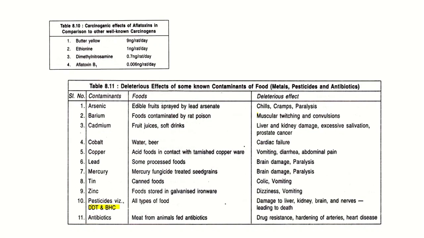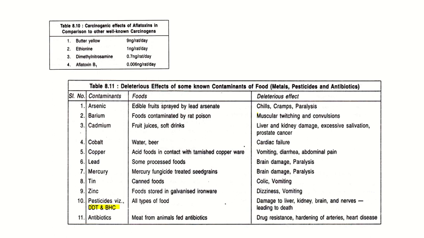So as our lecture series will complete with this, we will start with the contaminants, various contaminants found in the food materials. If you ingest that contaminated food material, what will it affect in your body?